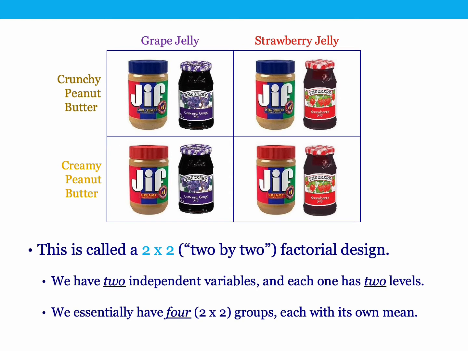So another thing we can tell right away from this notation is the total number of groups that we have. And we can figure this out simply by multiplying. So if we take that 2 and multiply it by the other 2, that tells us that we have 4 different groups, and each group is going to have its own mean.